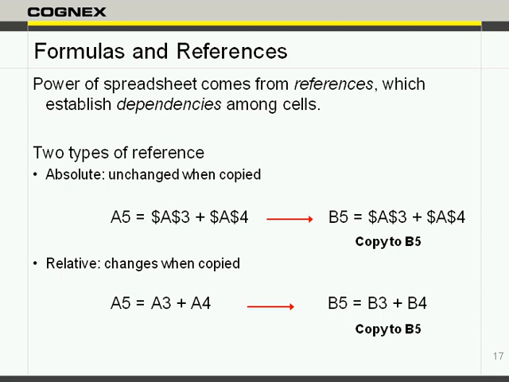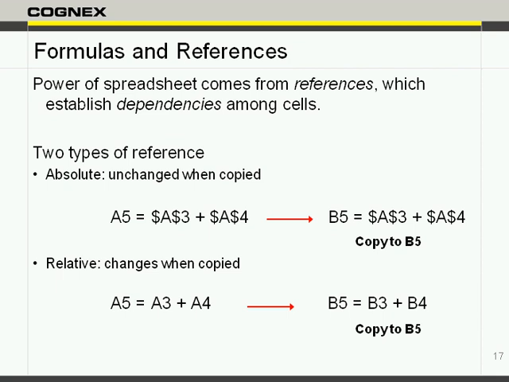If you copy that formula from one cell to another, it stays absolutely the same. So here, in this case, we copied what was in cell A5 into cell B5, and the formula stayed exactly the same. Absolute A3 plus absolute A4.